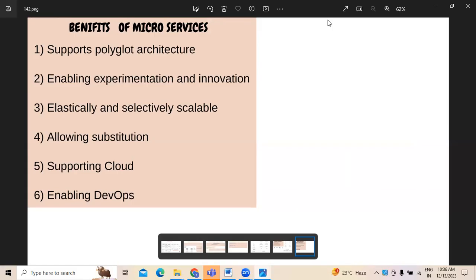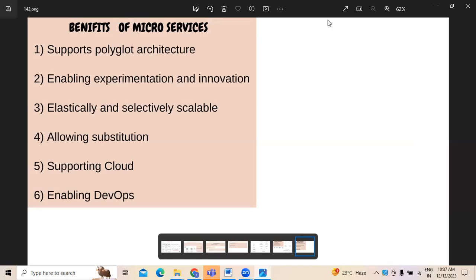The second thing is that it enables experimentation and innovation. When we are working on microservices, there is a possibility for us to write small microservices to achieve the targeted functionalities we want.